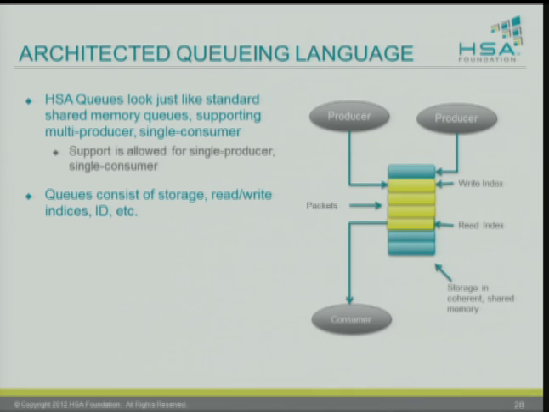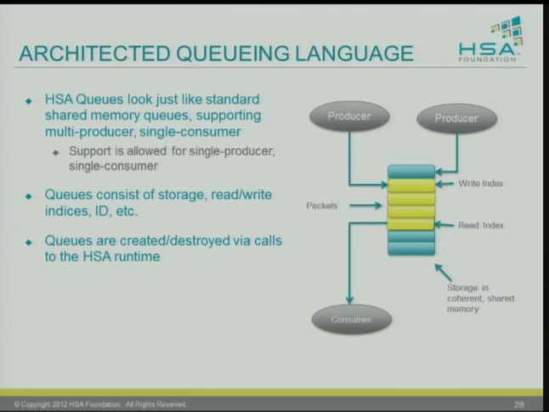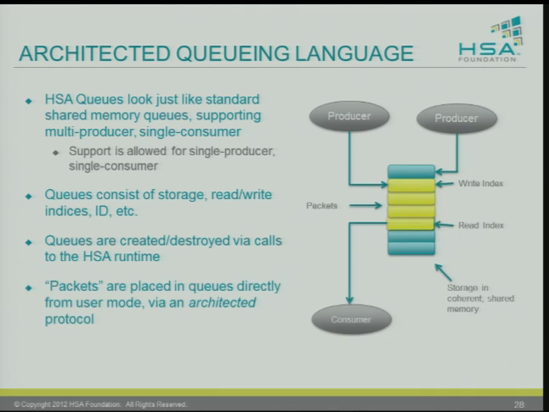The queue then has a write index, a read index, so you know where to put packets in the queue and you know where to read them. And then what we actually store in here are packets. And we'll talk about the packets later, but this is an actual packet. It's not a pointer to a packet. It's the actual packet. So these queues are created and destroyed via the HSA runtime.